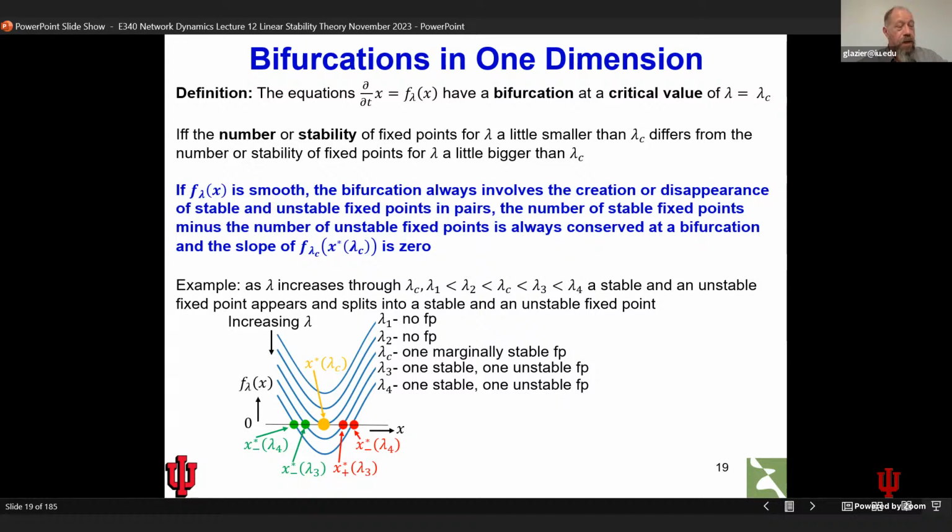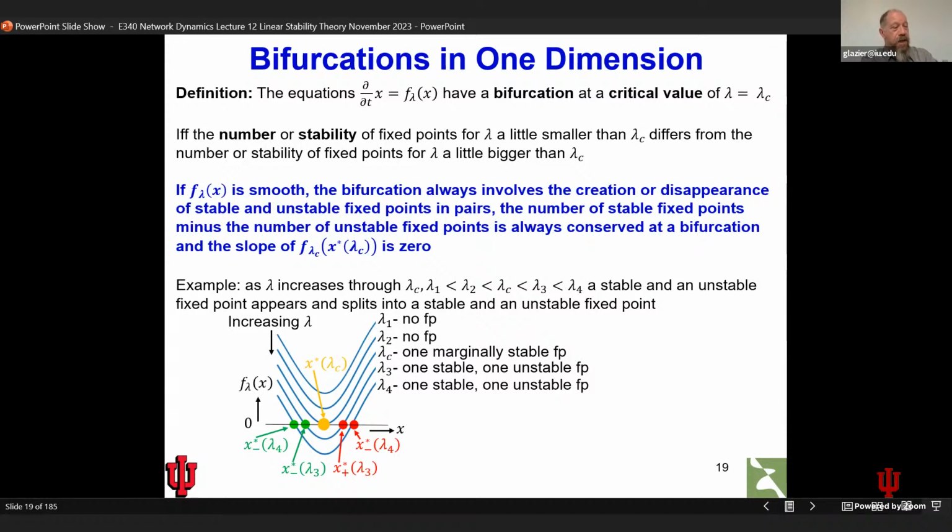But in general, I'm not going to worry too much about what happens at that one specific value. I'm now going to keep increasing lambda. And now my f curve dives below the x-axis. And so I now have two crossings, one going down on the left, which means I've got a stable fixed point, and one coming up on the right, which is unstable.